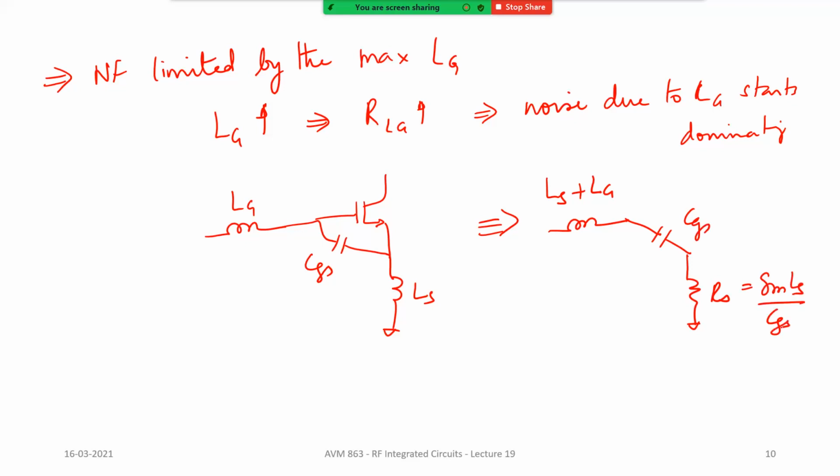Correct. So this is a series RLC circuit, right? Now what can you tell about the voltage across this CGS at resonance? Is there something special that happens?